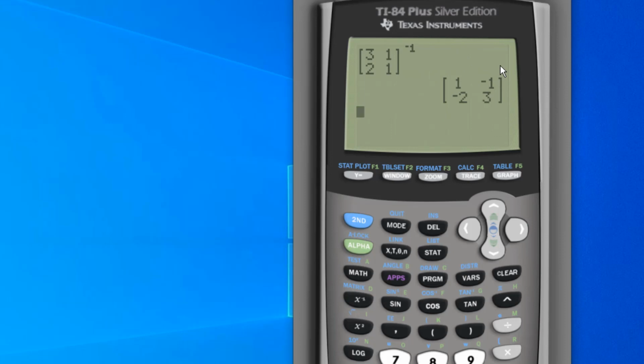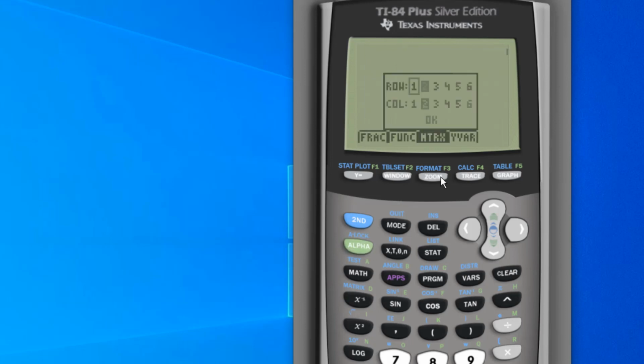So let's set it up this way. I'm going to multiply this matrix right here, which is the multiplicative inverse, by the matrix 3, 1, 2, 1. Let me just clear this. And let's do it this way, alpha. Same thing, 2, down, 2, enter, and then down, and then enter.